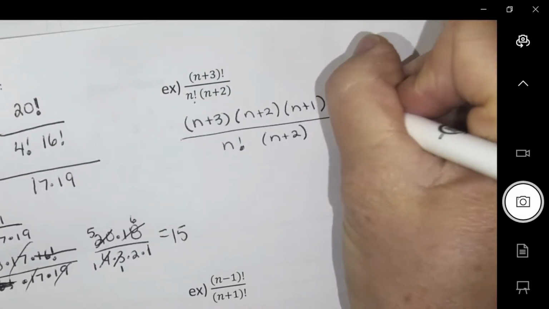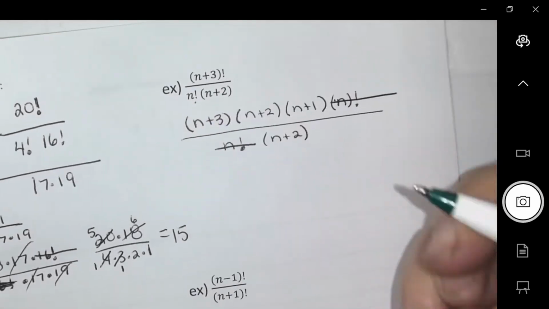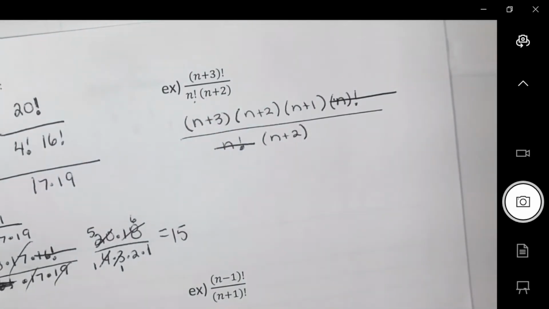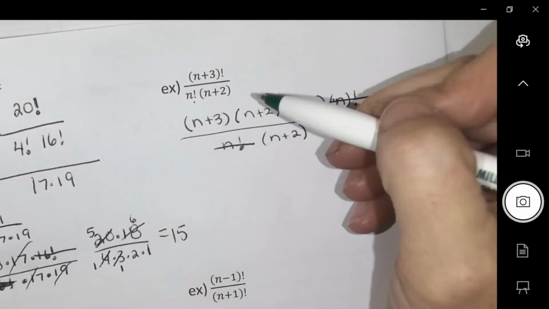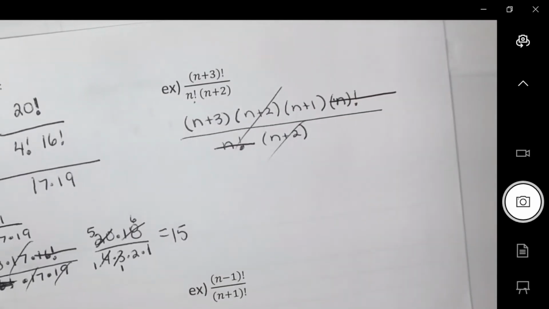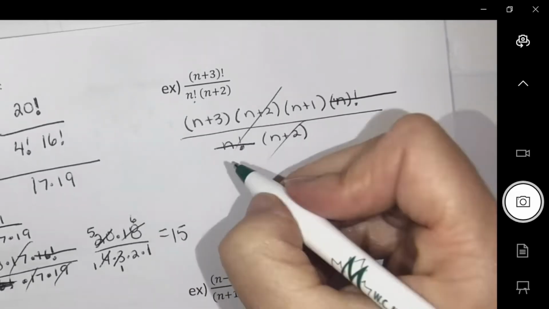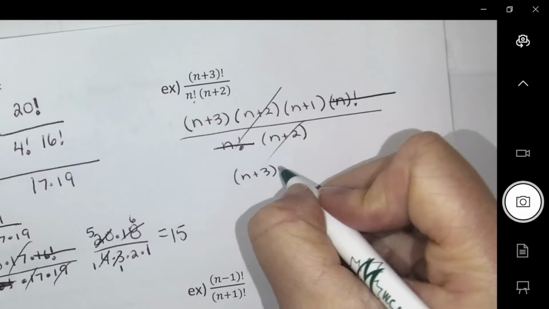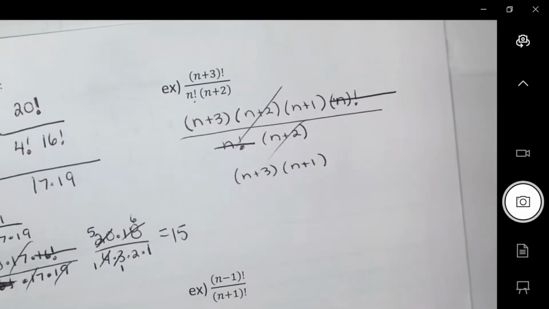Okay, so this and beyond would cancel with that and beyond, right? This single unit would cancel that single unit. So I'm left with that and that, but the question said to simplify, so I'm not done.